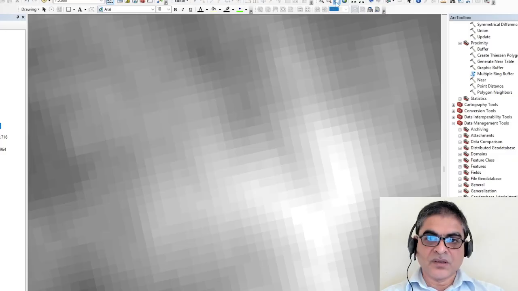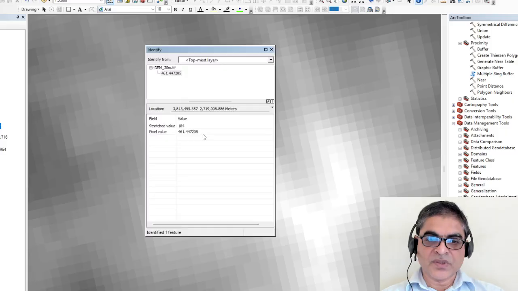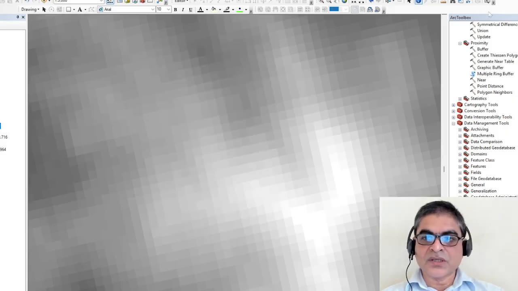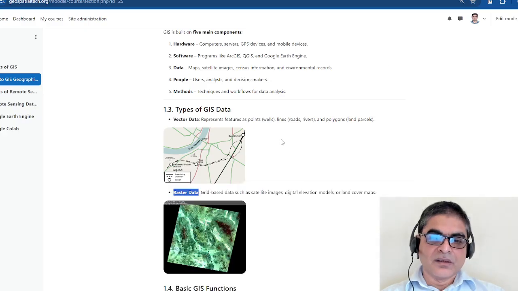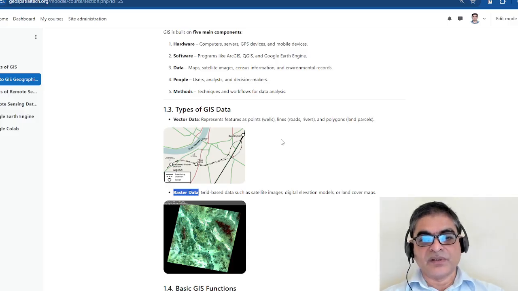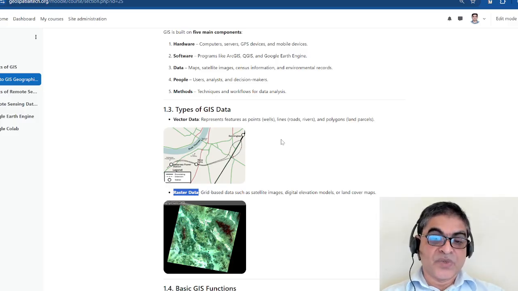So each pixel has a value. When you click any pixel, it will give you a value. So this is the value which is calculated in the GIS based software, whether this is standalone installed in your machine or a cloud computing platform like Google Earth Engine.